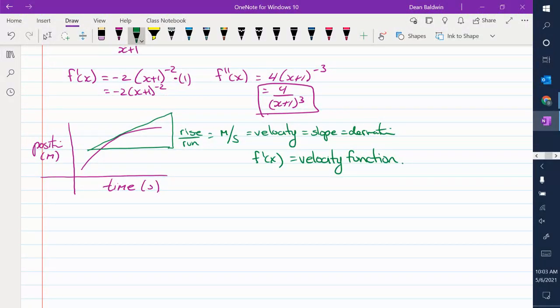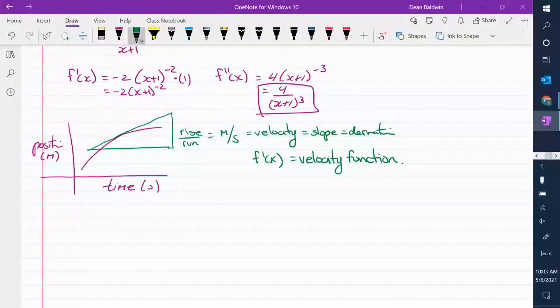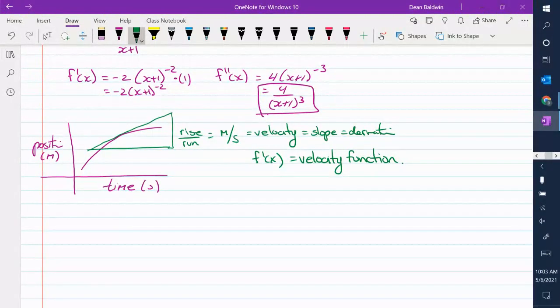If I take the derivative of that again, I'll end up with seconds squared on the bottom, because it's how fast the velocity is changing with respect to time, otherwise known as acceleration. So the second derivative is the acceleration function.